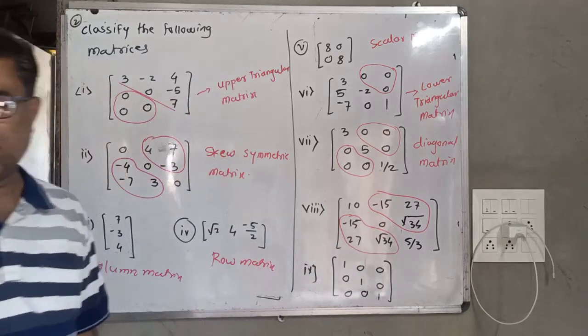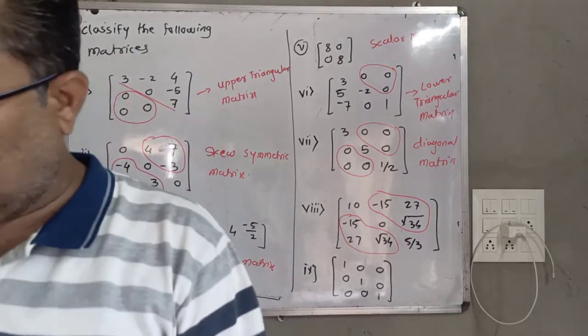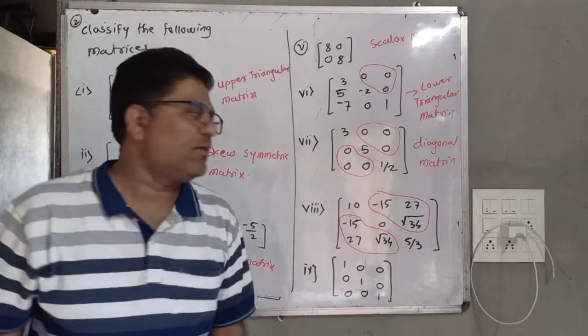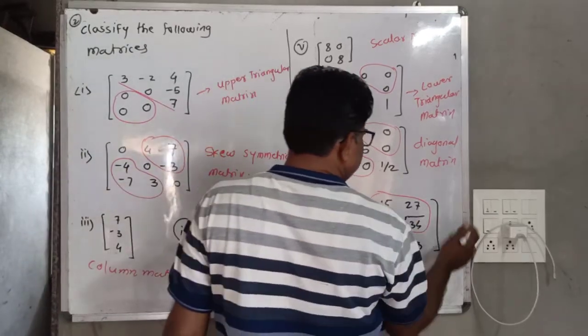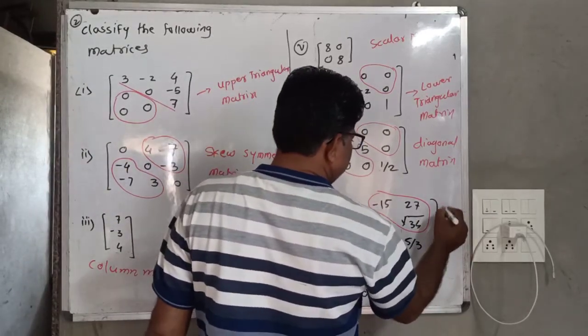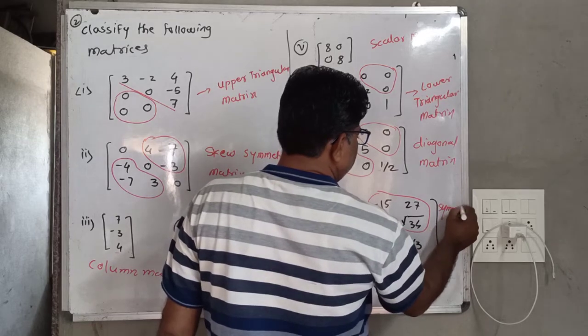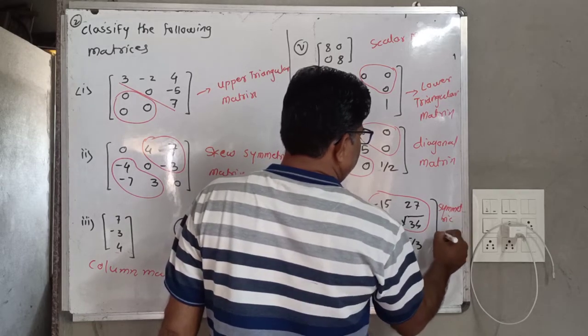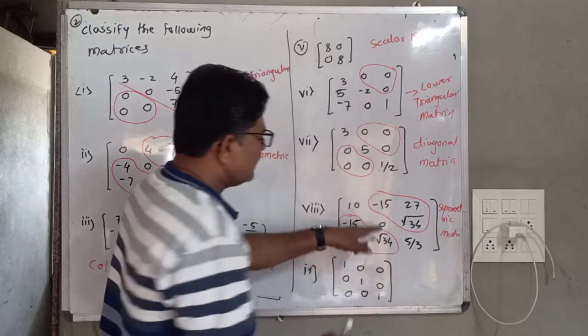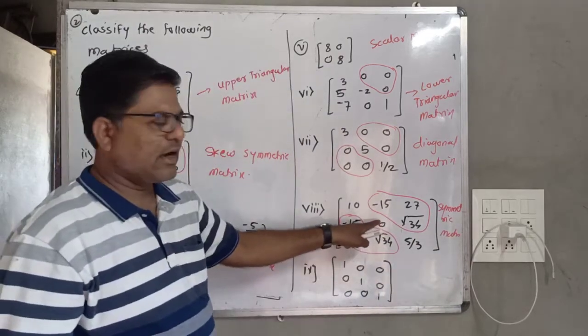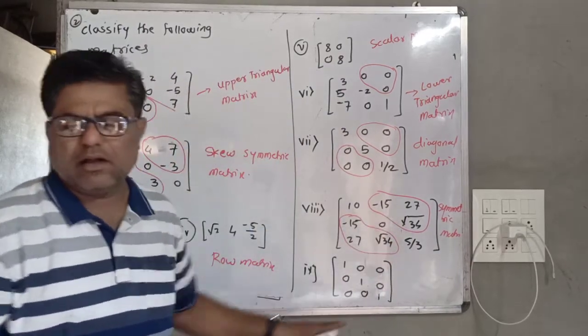If this condition holds, then this is a symmetric matrix. If you just take a transpose of this matrix, then it will be the same.